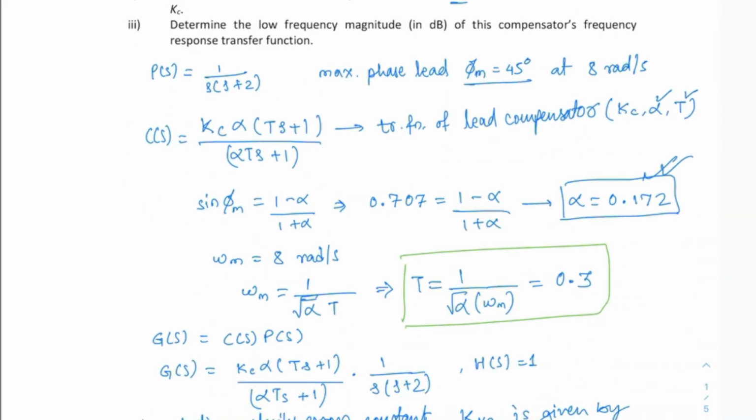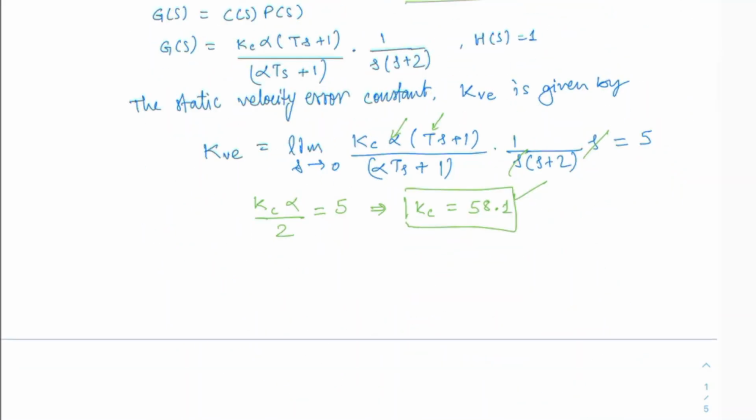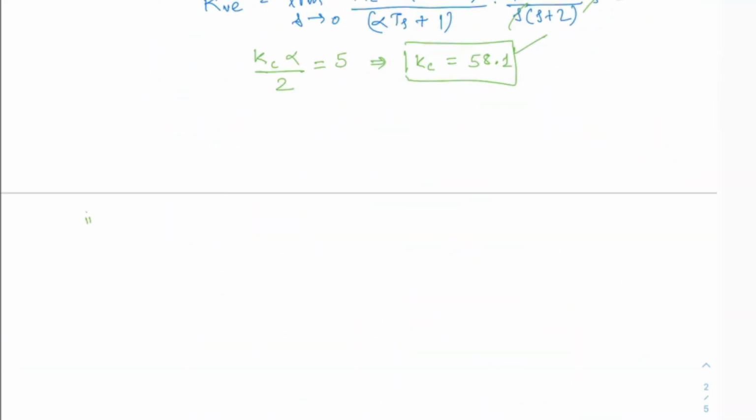Now we have been asked to determine the low frequency magnitude in decibels of this compensator's frequency response transfer function. So the third part asks for the low frequency magnitude.